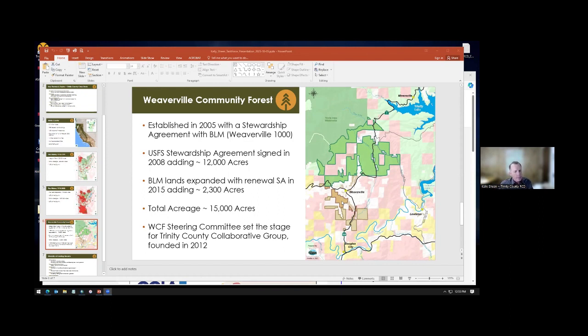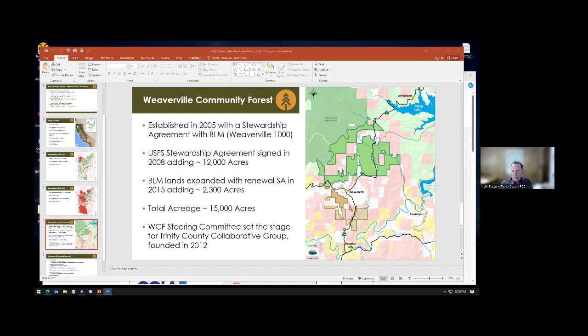And so they started talking about this new authority called master stewardship agreements that would allow an entity to take over stewardship of federal public lands. This little block of darker brown here is what they call the Weaverville 1000.